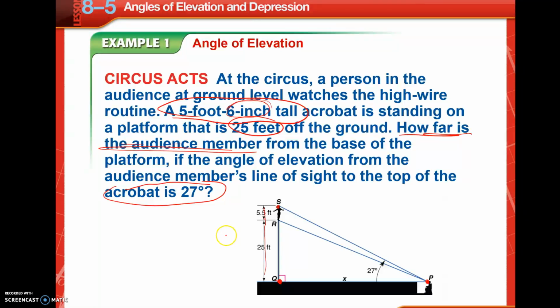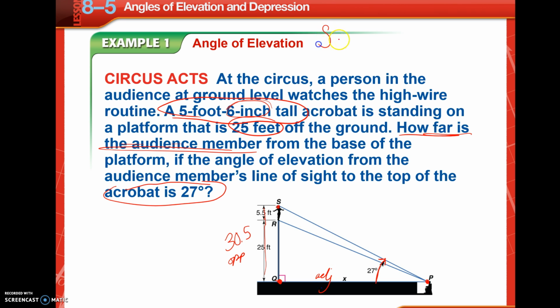So this whole side is actually 25.5. And that angle, again, is 27 degrees, and then we're looking for x. If we don't draw it out, it's really hard to know how we're going to set it up. If it's drawn out correctly, the setting up part tends to be just like what we've been doing. So we look at how 25.5 relates to 27, that's opposite, and x is adjacent.